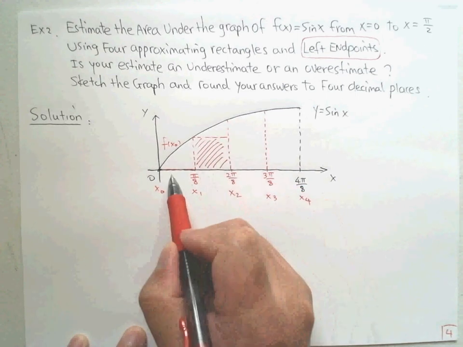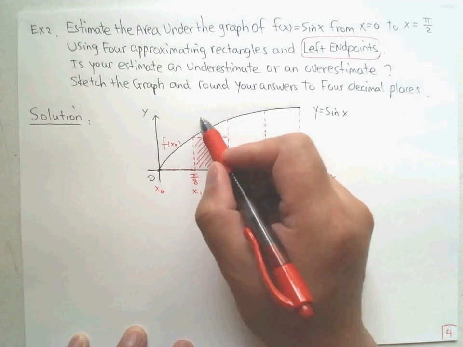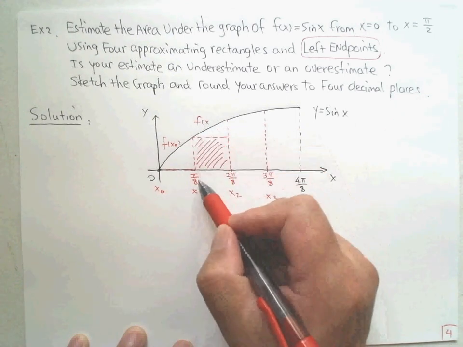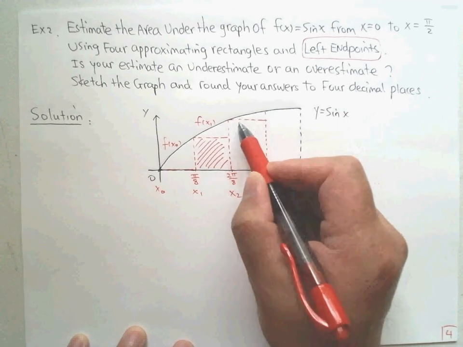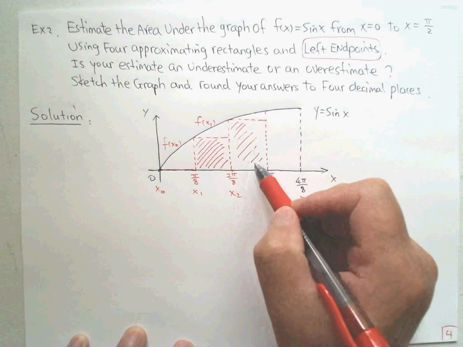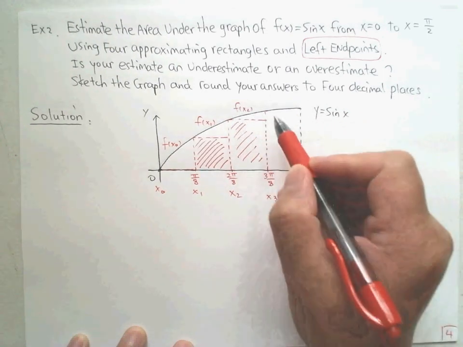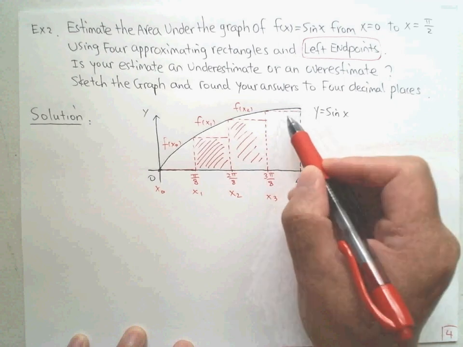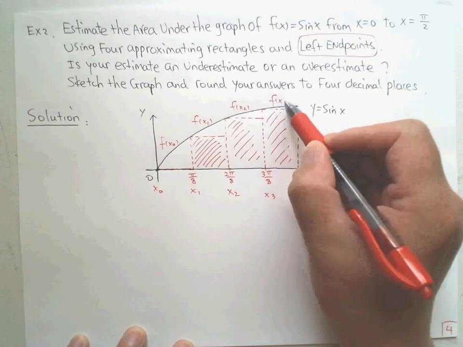The first rectangle is nothing, no rectangle exists. The second is this, the height is f at x1. The third is this. See, it is easy to see it is an underestimate. The height is f at x2. The last one is this height, f at x3.